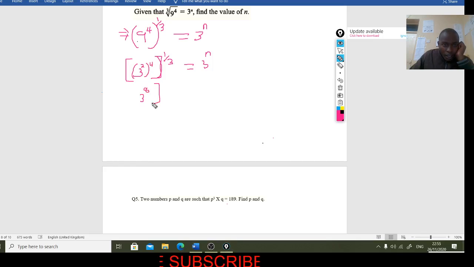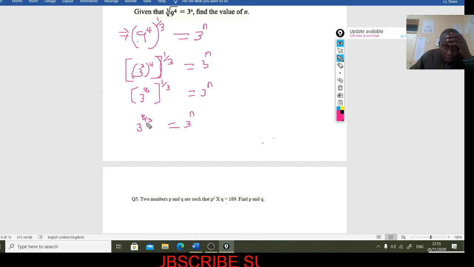Then that one is also power a third, which is equal to 3 power of n. Now you open, it gives you power of 8 over 3. So it gives 3 power of 8 all over 3, which gives you 3 power of n.